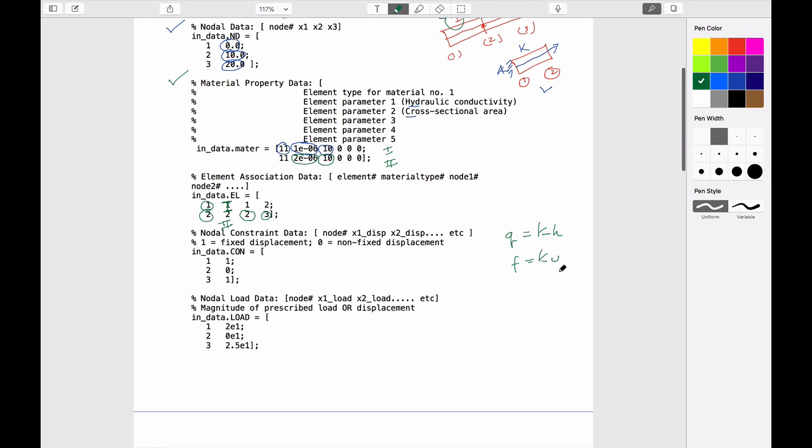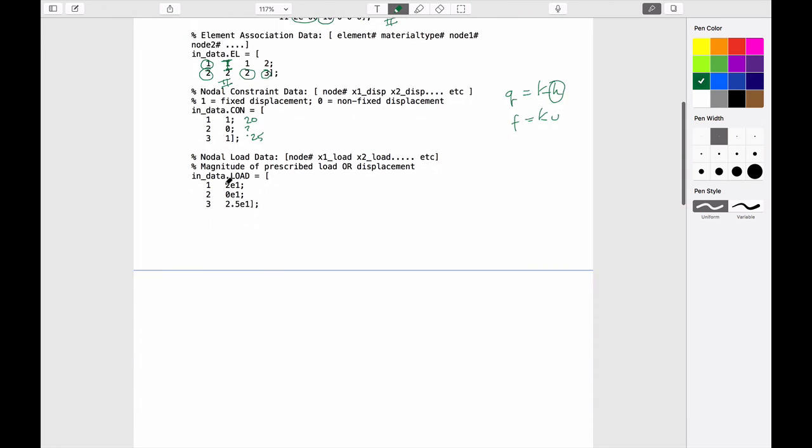If the displacement is fixed, if head is known, then we put in a 1. So we knew the head at node 1 was 20, so it's 1. We don't know what the head is at node number 2, and we do know the head at node number 3 is equal to 25. And we don't know this, so it's not fixed.